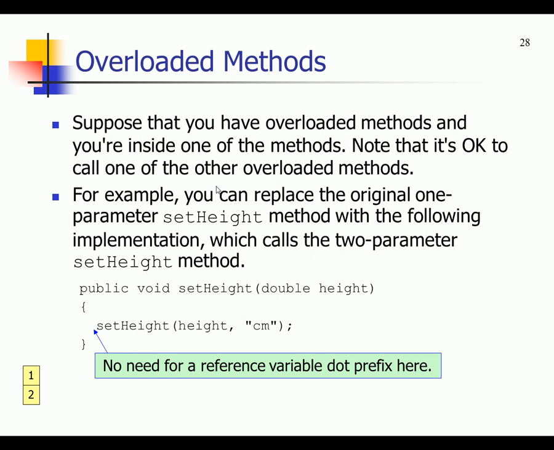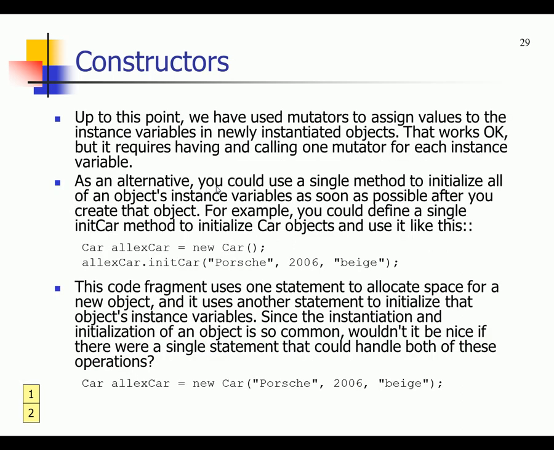So, all right, constructors. All right. So up to this point, we've used mutators to assign values. Works okay, but it's basically we have to create it and then call a mutator. Well, another way we can do it is when we create the car. Okay, and this example here, in the middle, it says car Alex car equals new car.